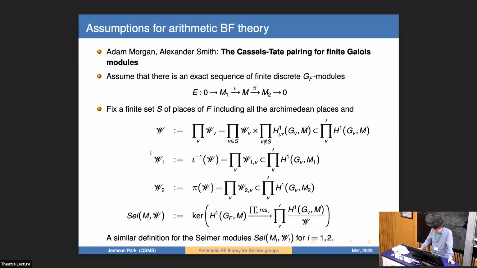And number theorists well know that the Selmer group is important. The Selmer group is the first global Galois cohomology group whose local conditions are given by this W. So the kernel of that, which means you localize it and then you end up in W. These local conditions give the Selmer group. And this Selmer group will be my space of fields of arithmetic BF theory.